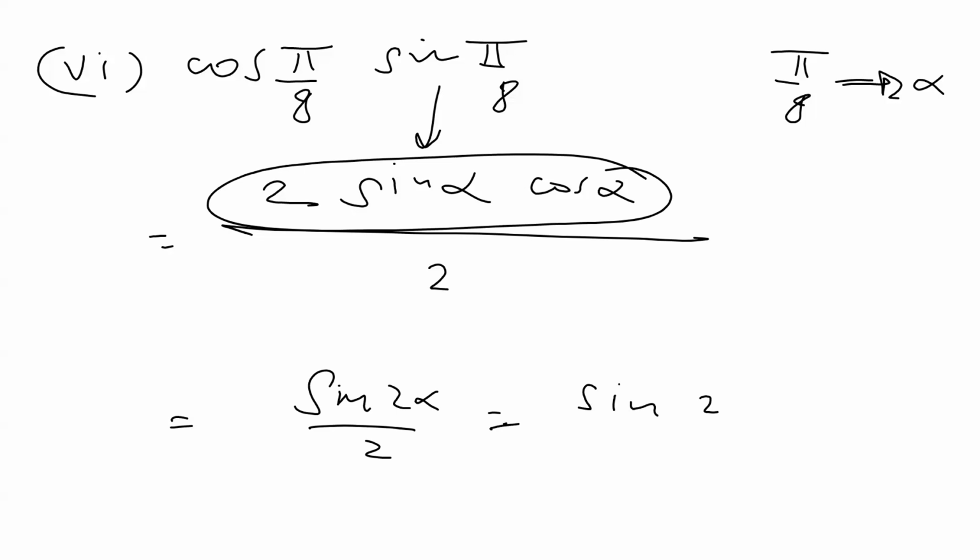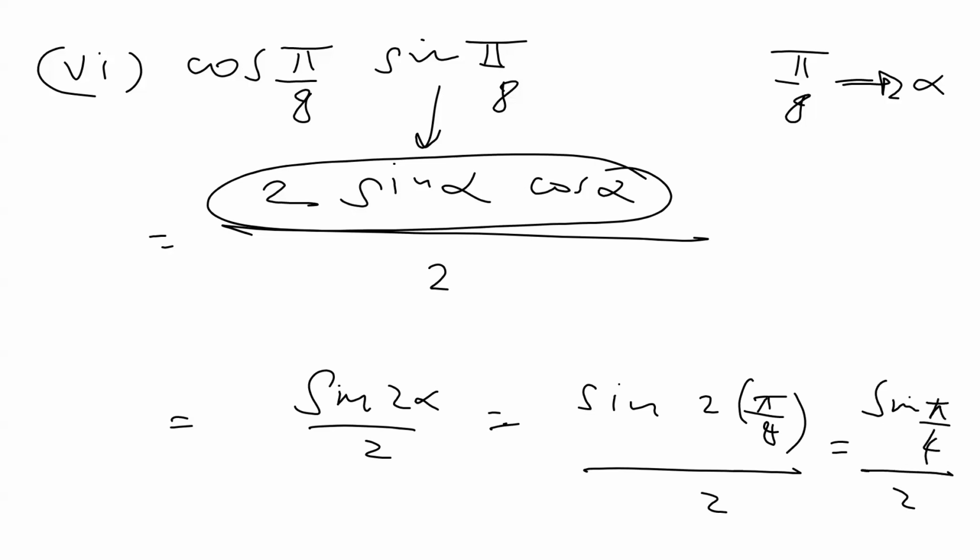So sine 2 alpha is 2 into pi by 8 upon 2. Put the value of alpha. I've used the double angle formula over here. So sine pi by 4 upon 2. Sine pi by 4 calculation you all know.